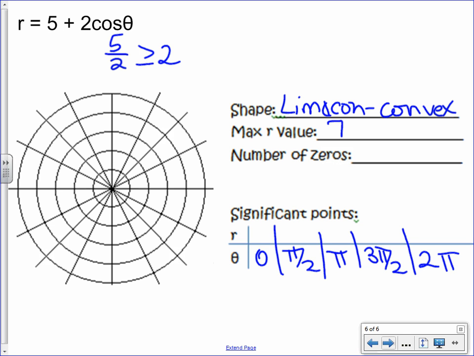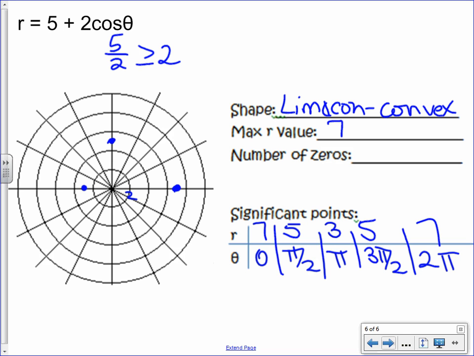Okay. When we plug in 0, what do we get for R? Say louder. 7. I'm going to go ahead and count by 2 up here. When we plug in pi over 2, R is... when we plug in pi, R is... 3 pi over 2.